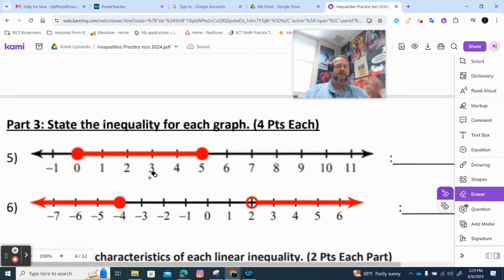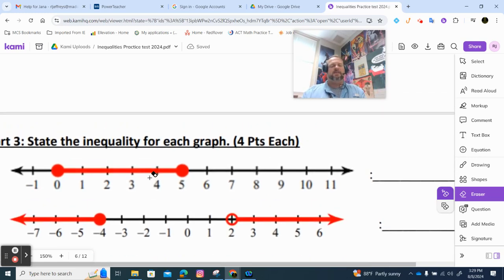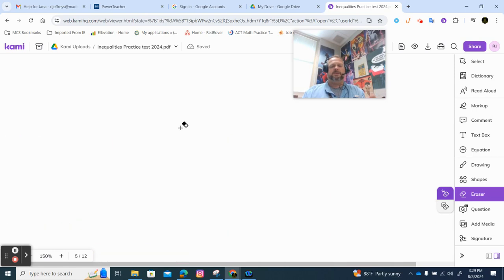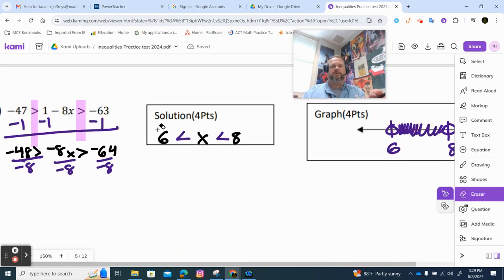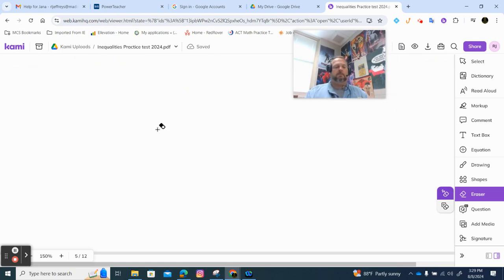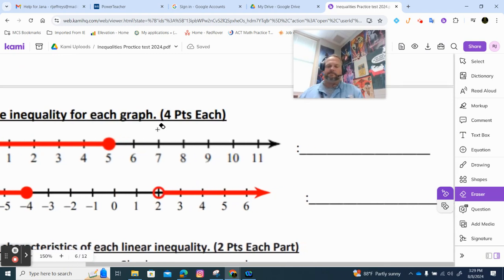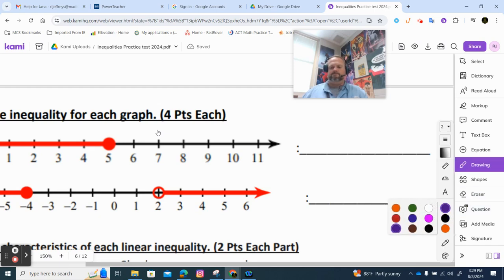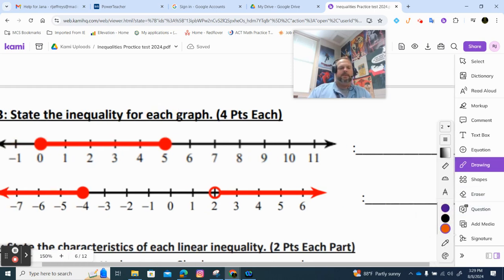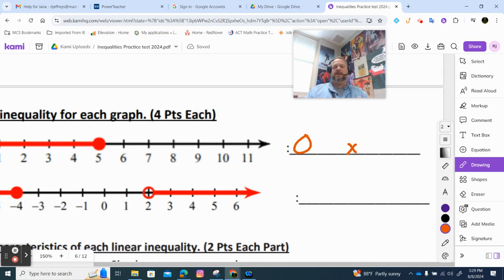Yeah, man, this is so crazy. It's almost like the teacher gave us a graph and then wants us to write the inequality. So it's almost like we're going from here backwards. All right, the numbers that we have are 0, there's our x, and a 5.